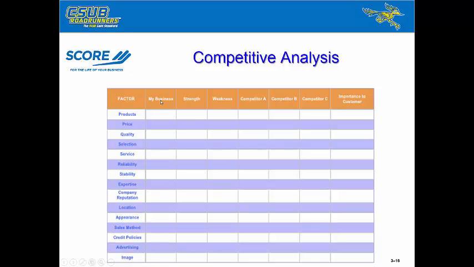And then you first of all list how your business performs in each of these areas. What are your strengths? What are your weaknesses? And then assess the performance of different competitors, A, B, and C, on the same factors, and then determine the importance to the customer of each of these factors. That's going to determine which things you focus on more and less in your competitive activities.